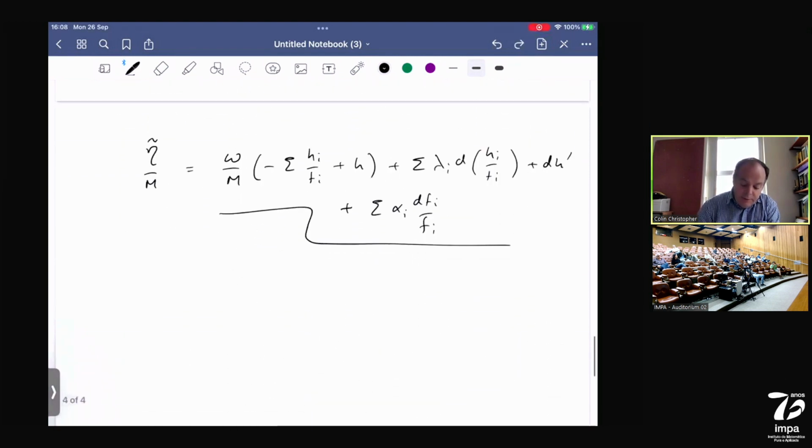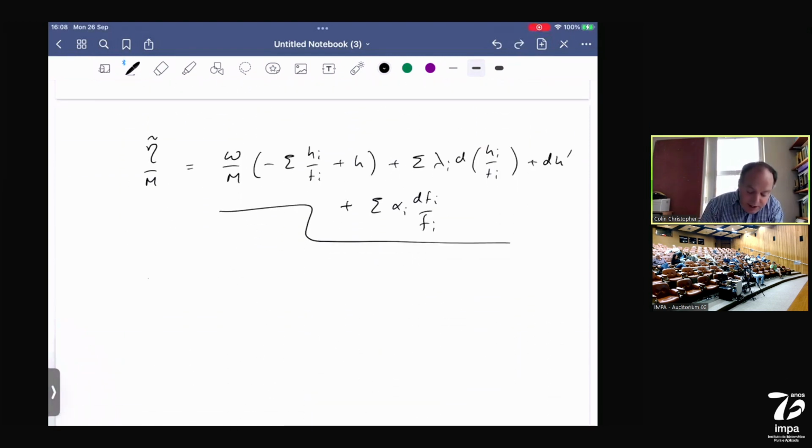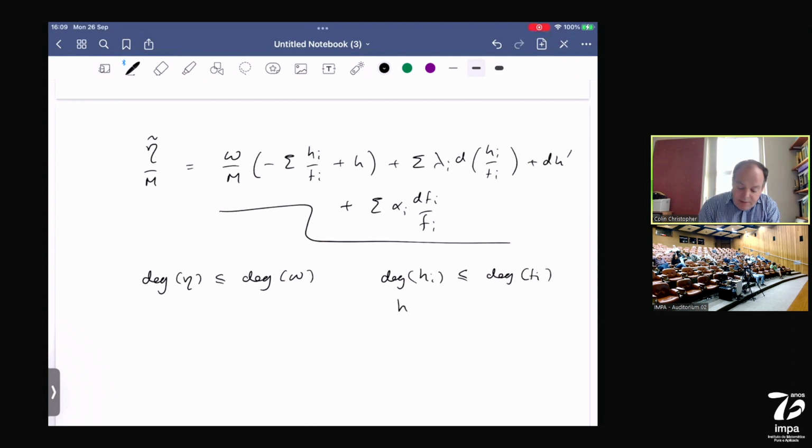However, if we take that the degree of eta is less than or equal to the degree of omega, then we can use our degree bounds to simplify this a lot. So the degree of hi now must be less than or equal to the degree of the fi's, and we must have that h is a constant.